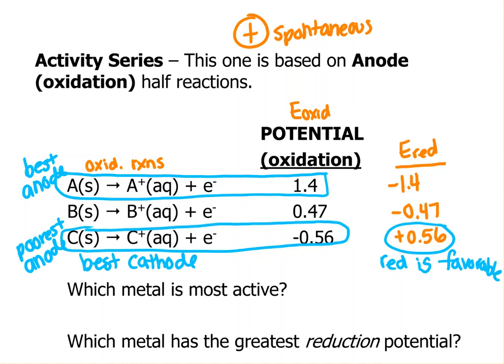So let's answer these questions. Which metal is most active? Remember, when we talk about the metals being active, what metals tend to do in general is be oxidized. They're the ones that are oxidized.